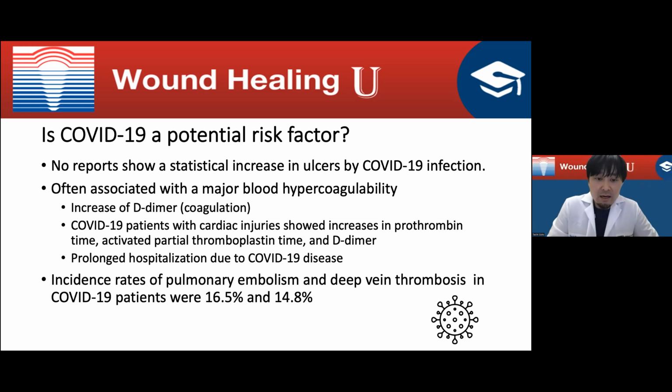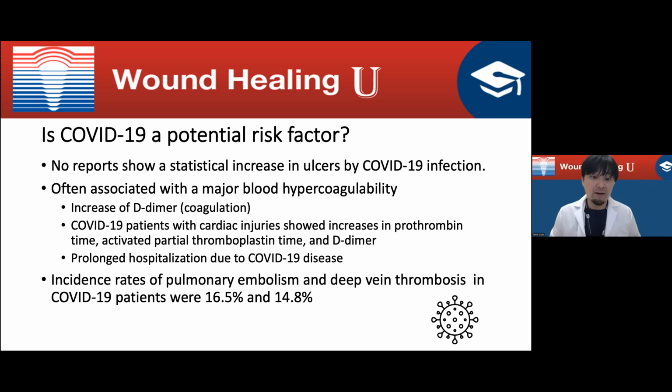In addition, as discussed in the earlier slides, since the treatments for severe COVID-19 patients may take a long time, they may need a long hospitalization. So such prolonged hospitalization may increase the risk of hypercoagulable states and ulceration.